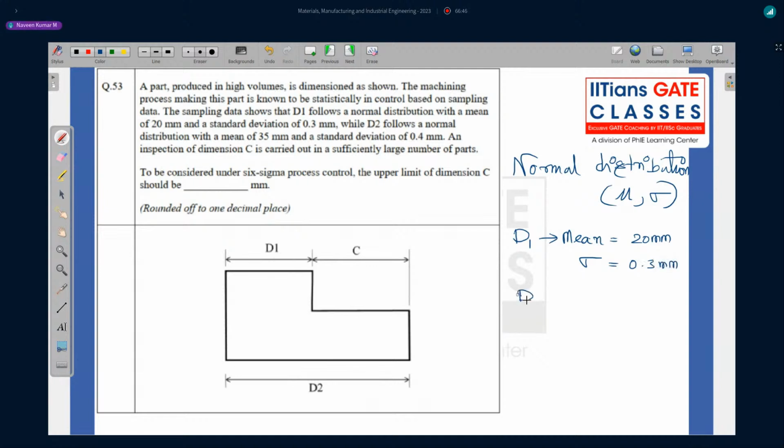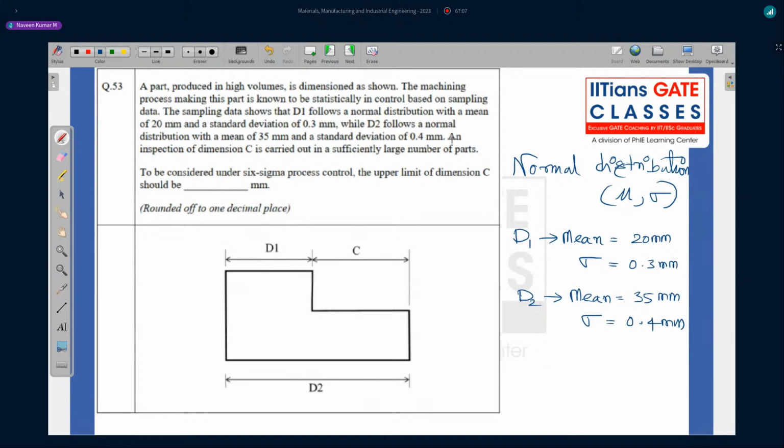And D2 has a mean of 35 mm, and the standard deviation is 0.4 mm. Okay, good. So now let's do this.